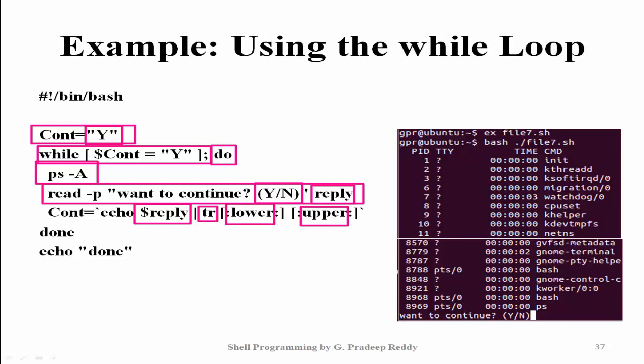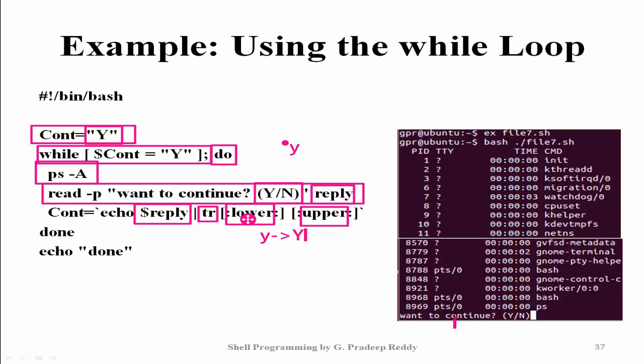For example, a user has entered a small y instead of capital Y. So now it is going to translate small y to capital Y, so that it can take the action.